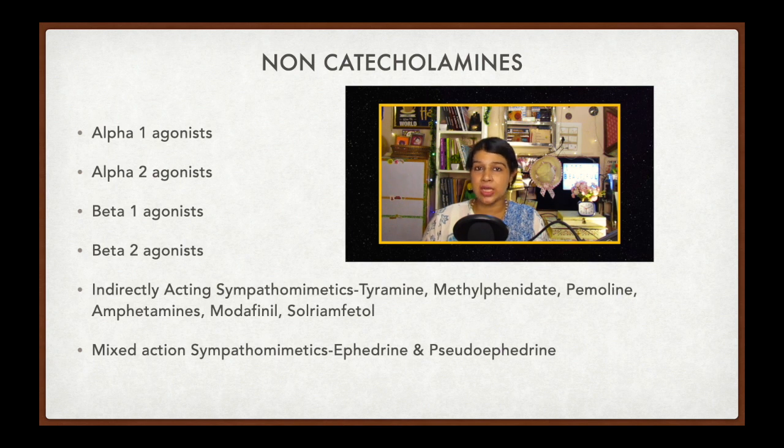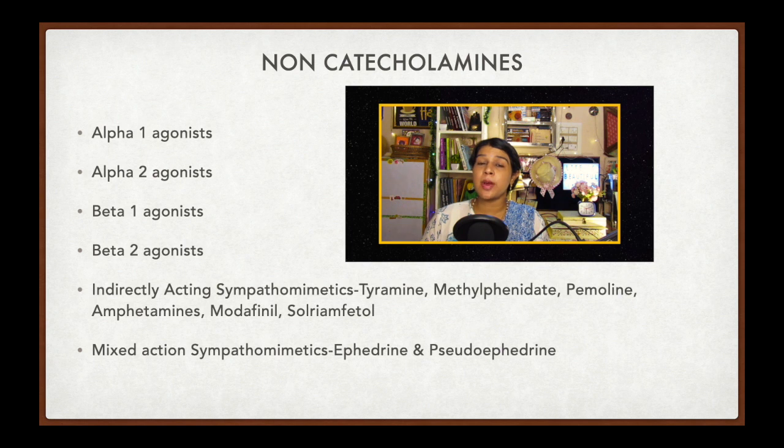Another drug, midodrine, is basically a prodrug and its active metabolite is desglymidodrine. The active metabolite is used in the treatment of orthostatic hypotension. It also increases the blood pressure.